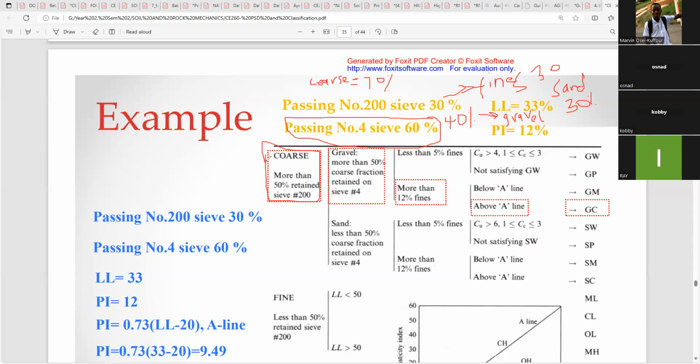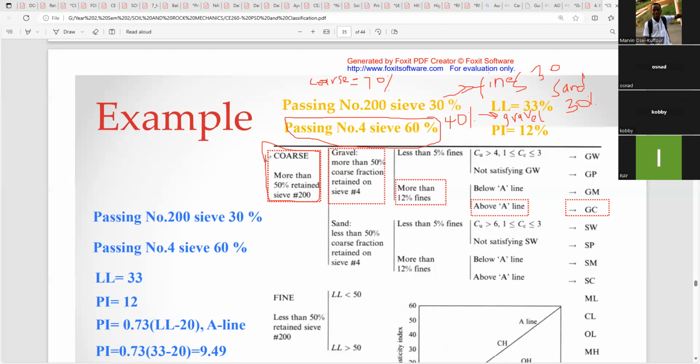Half of the coarse fraction, 70%, will give us 35. And the gravel is more than 35, right? Yes, sir. Okay, a very good explanation for that.